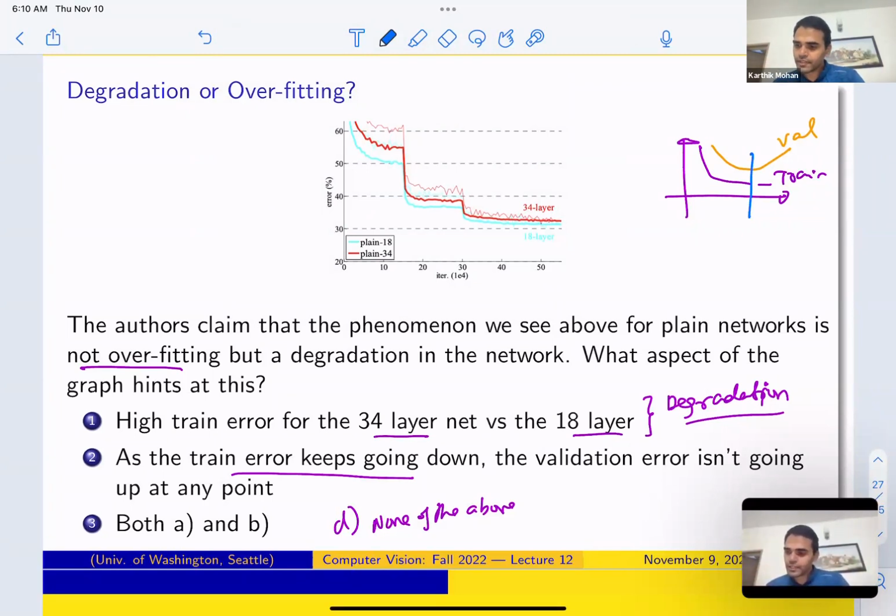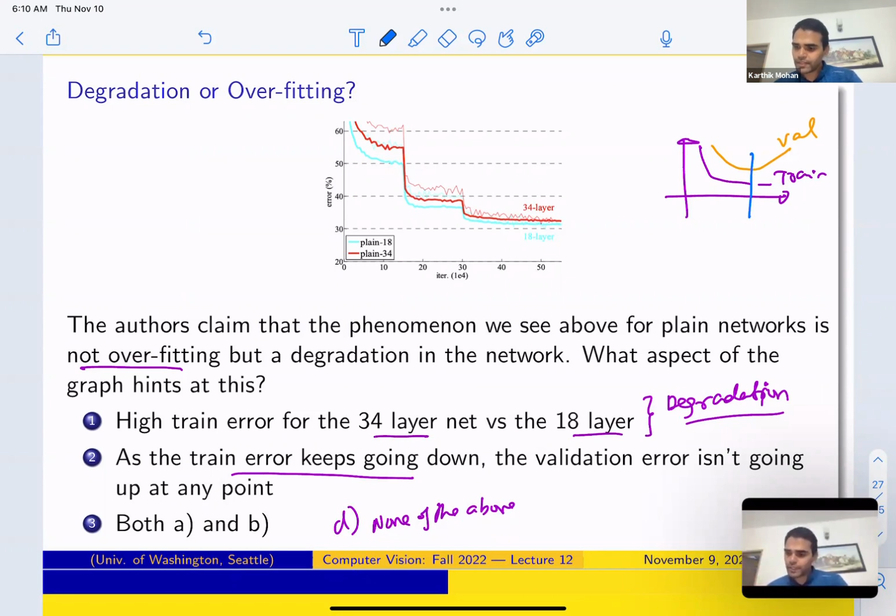So you see the thin line here. Let's say the 34 layer model was overfitting, then the thin line in red is going down, great. That says the training error is going down. But the thick line is also staying low, so it's not going up. If it was overfitting, you would see a gap between the validation error and the training error, but we don't see that gap.